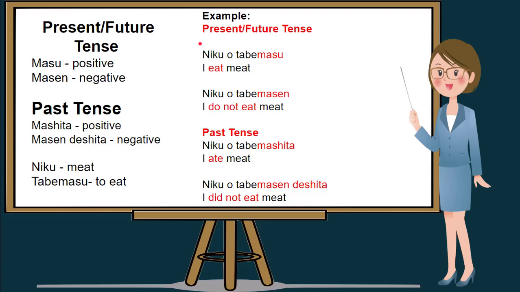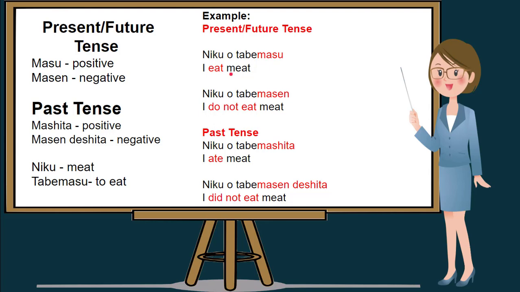For this example, present or future tense, in this first sentence, we used tabimasu, which is a positive verb tense. So, tabimasu in English means eat. So, if we translate niku o tabimasu, it means I eat meat. And this is a positive present tense.